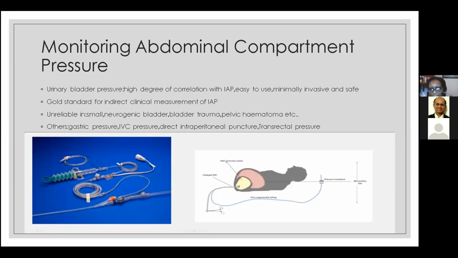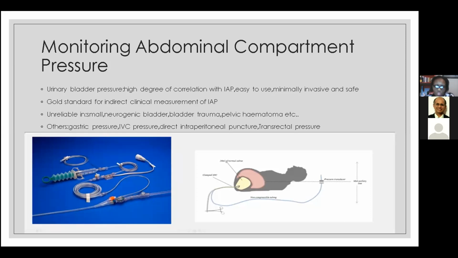So measurement, the image that I put here is one of the kits you can buy. The image on the left is to measure the intravesical pressure. It has a catheter that is attached to non-compressible tubing, which is attached to a transducer, which measures the pressure, as well as a syringe to instill saline.